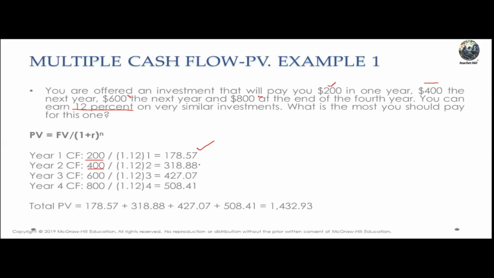Your present value of 400 is 318.88. Similarly, in year 3, the present value of $600 is 427. In year 4, it is 508.41.